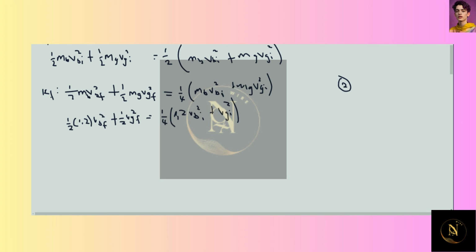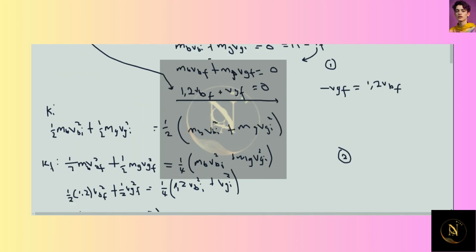Once you put all of this in here, you find that this whole side here is going to have something that looks like this: 1.2 vBf squared plus half of 1.2 squared vBf squared. Because essentially we just put in this whole expression in here and squared it, and that's what we get.